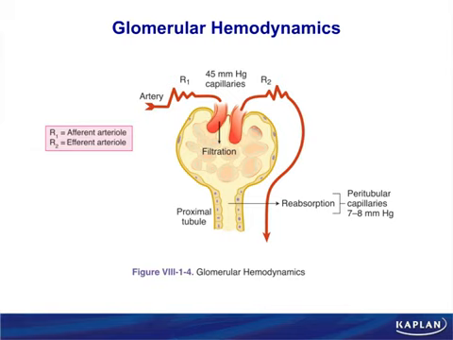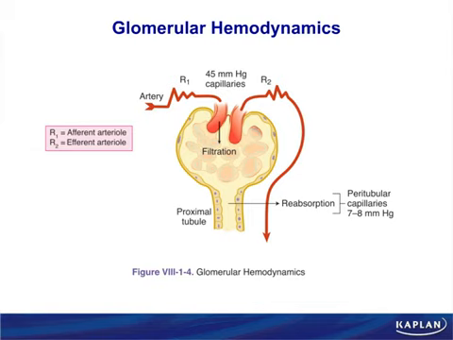That will increase filtration. That will increase GFR. Now, if you vasoconstrict the efferent arterioles, you are decreasing renal plasma flow because you are increasing resistance in a series circuit.